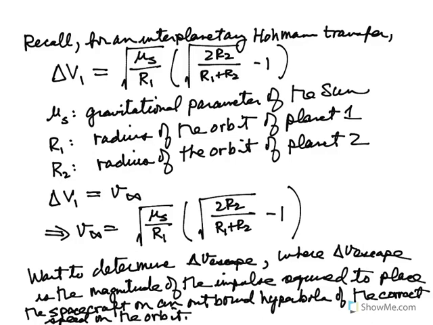Now, what is that speed? Well, that speed is the one that matches this impulse, delta V1. So V infinity is that speed, and that speed has to match this delta V1. So now we have to figure out how to determine the impulse.